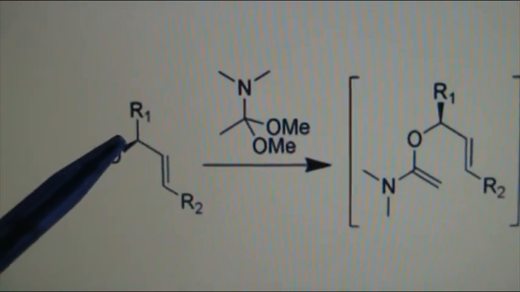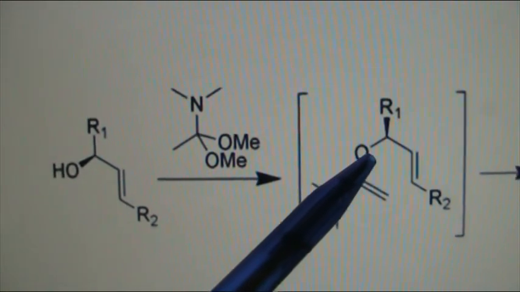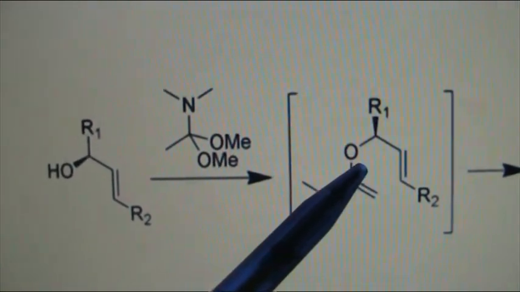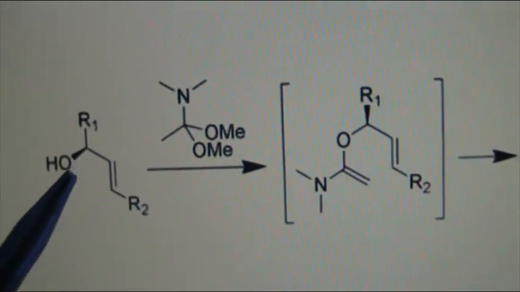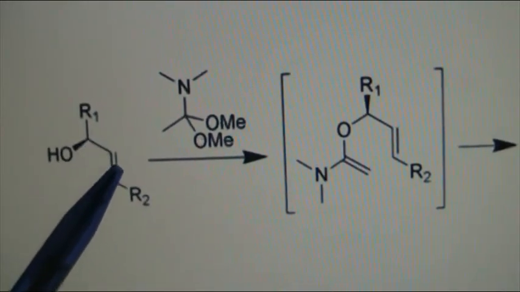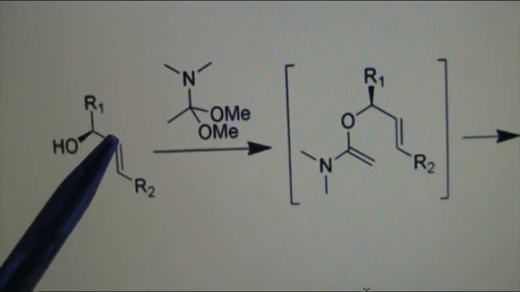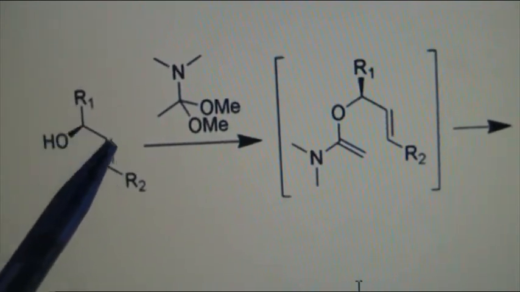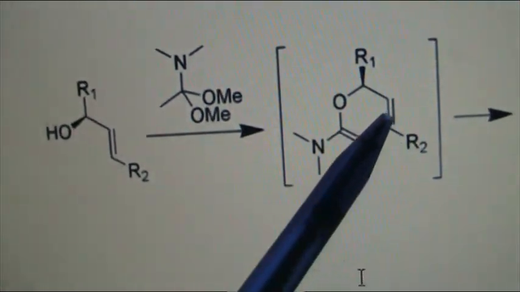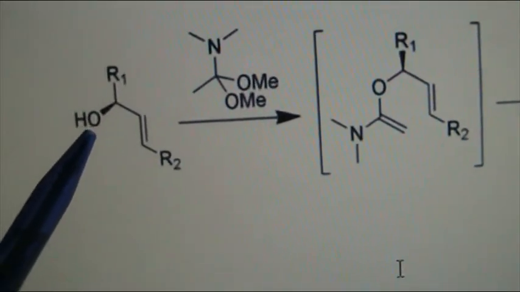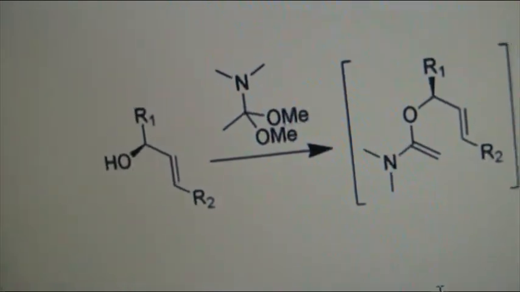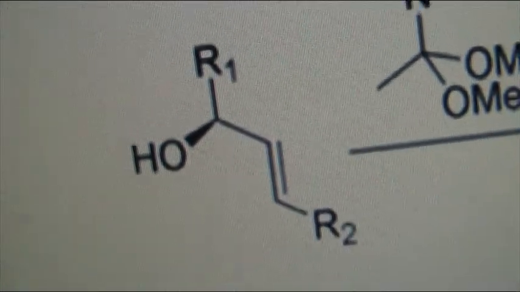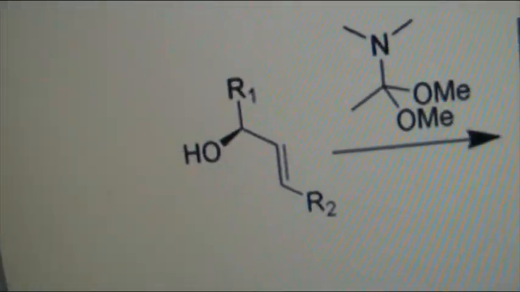OH. Do you see here? I can see O, yes. And next to O, if I go like here, I can see a double bond here. This is R1 and R2, so I can see R1, R2. So something happened here. This oxygen is an alcohol, but such an alcohol which has a double bond as well. So the alcohol did the reaction.